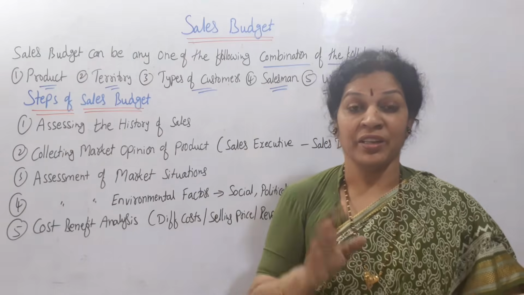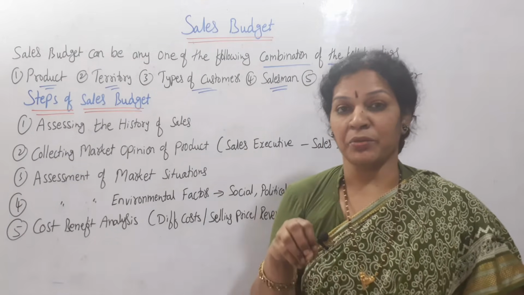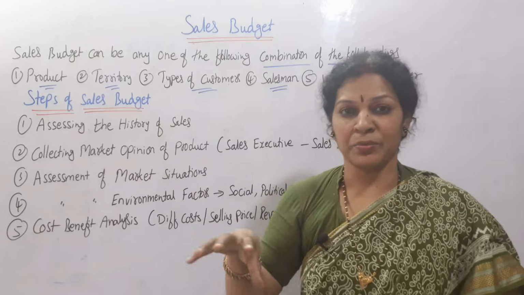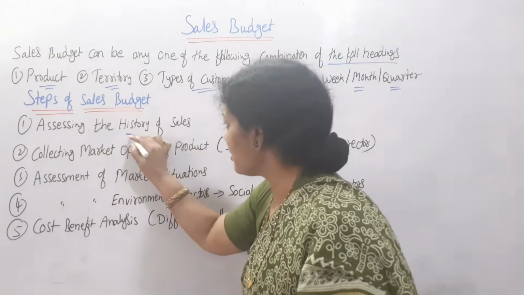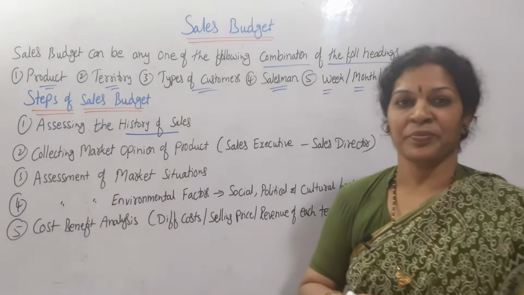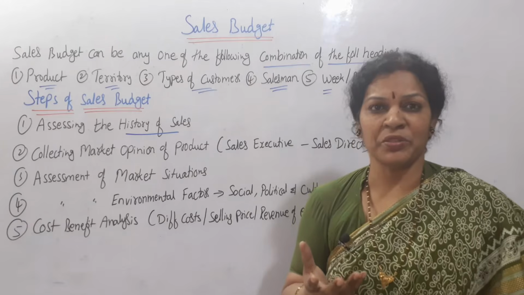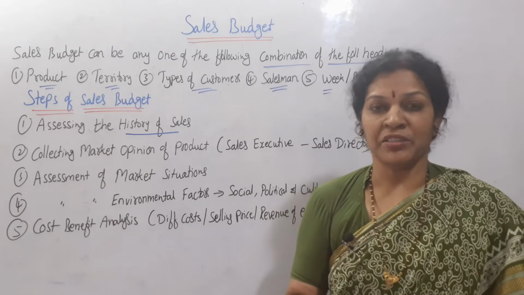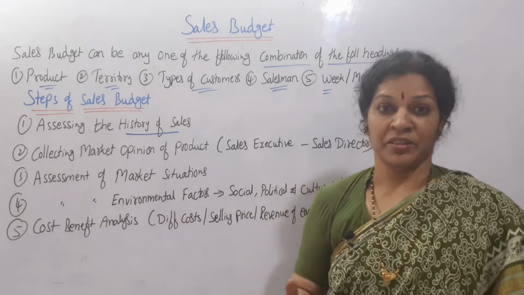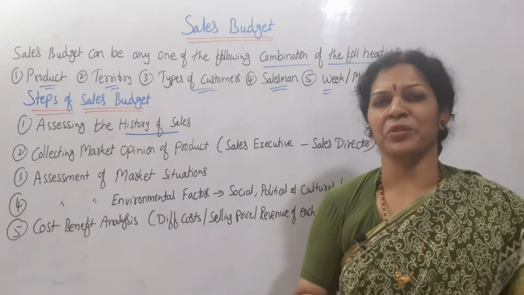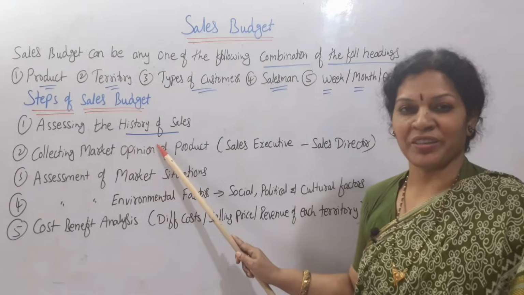Target and estimation are based on history. If earlier sales were not good, you have to take measures, improvements and different strategies to improve your sales. That is why the history of sales is very important.